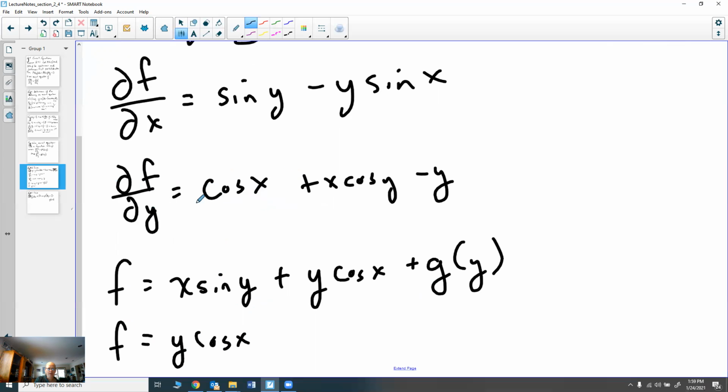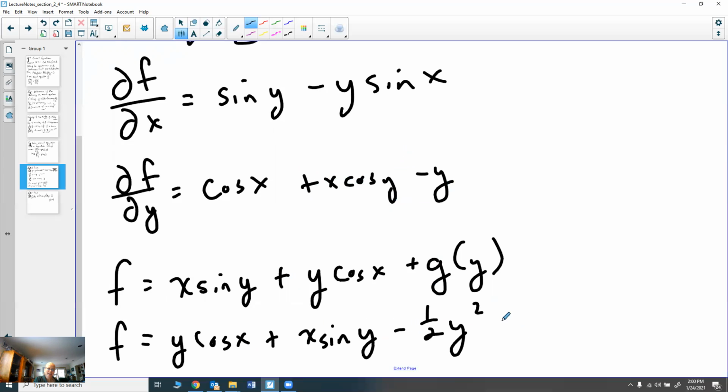The integral of x cosine y with respect to y is plus x sine y. And the integral of y with respect to y is minus 1/2 y squared.